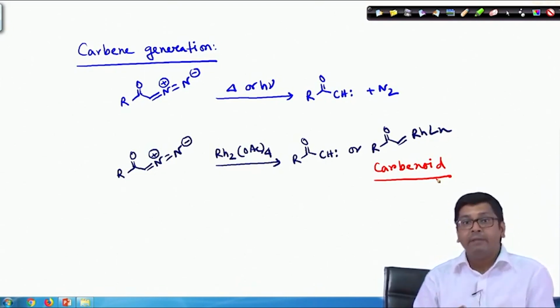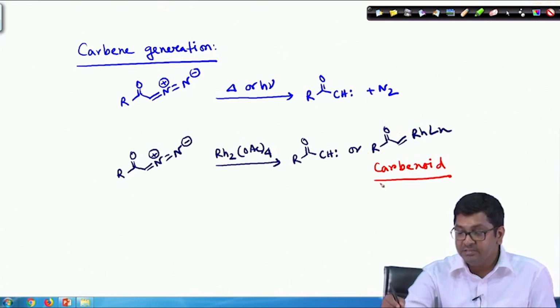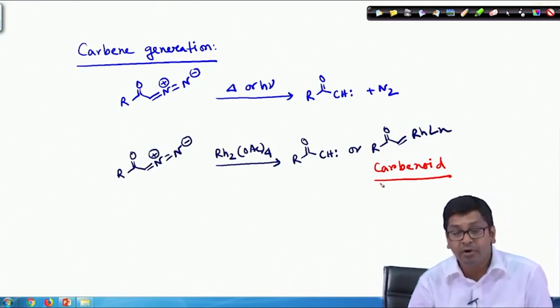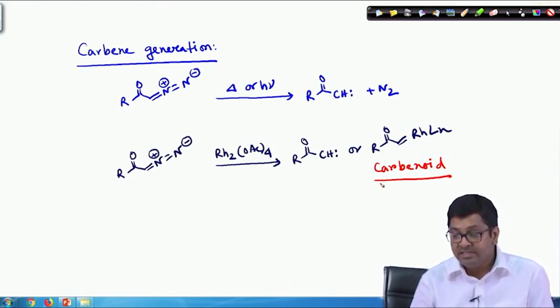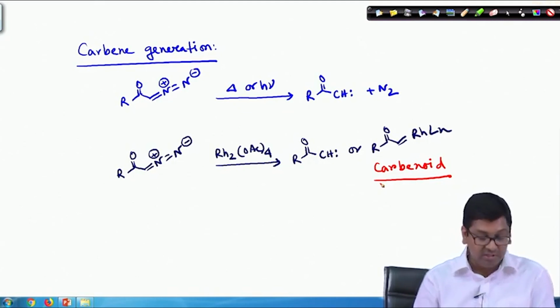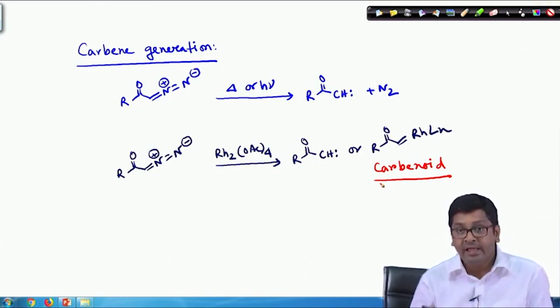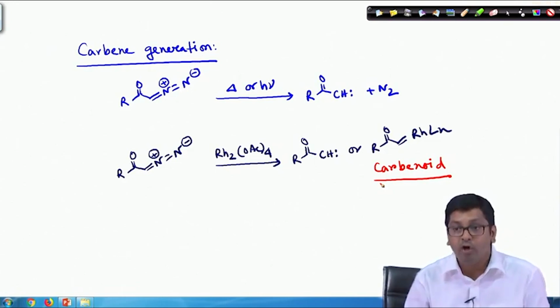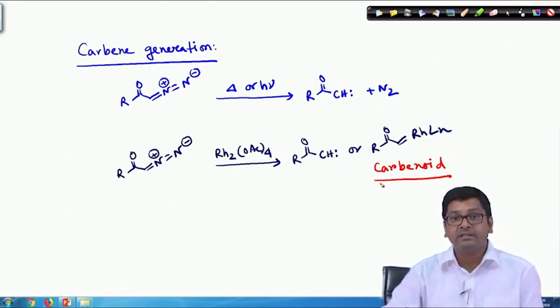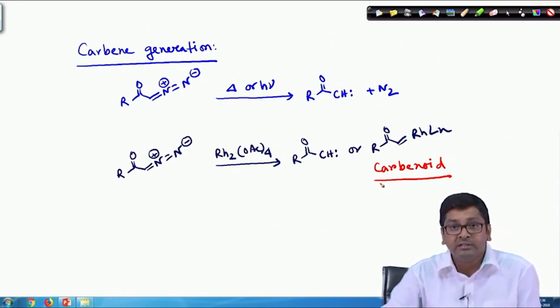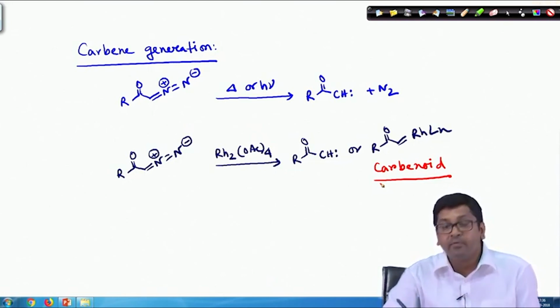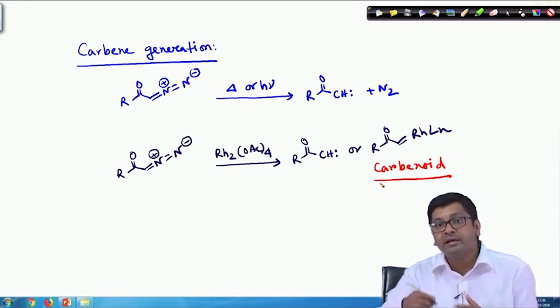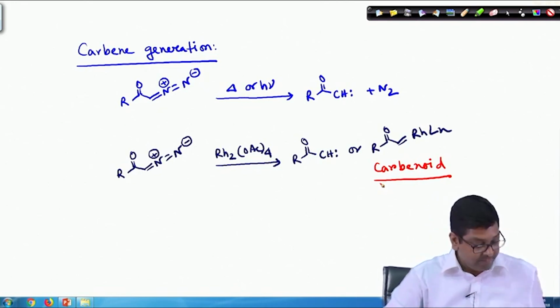Like in this case, it is bound to this transition metal rhodium, and this is called the carbenoid species, but they react in a similar fashion like carbenes. On many occasions we will show that this type of carbenoid is generated during the reactions, and that actually reacts in a similar way like a carbene works. Okay.